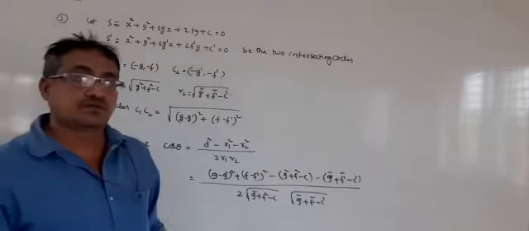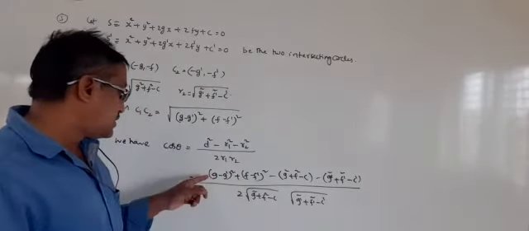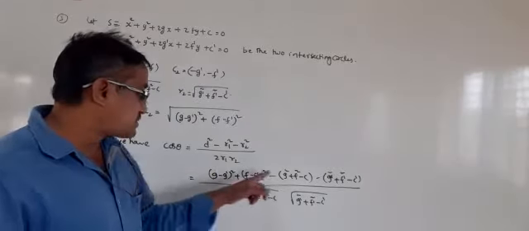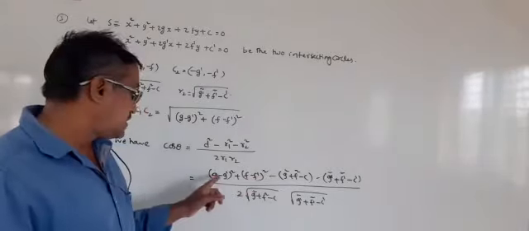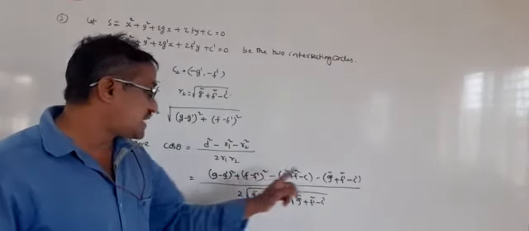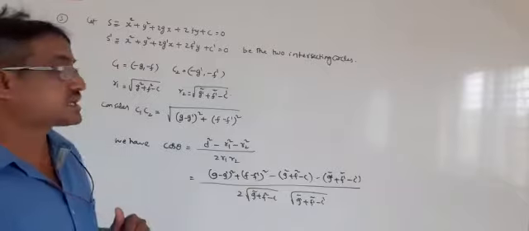Now if you expand these, g square cancels, f square cancels, g dash square cancels, f dash square is also cancelled.